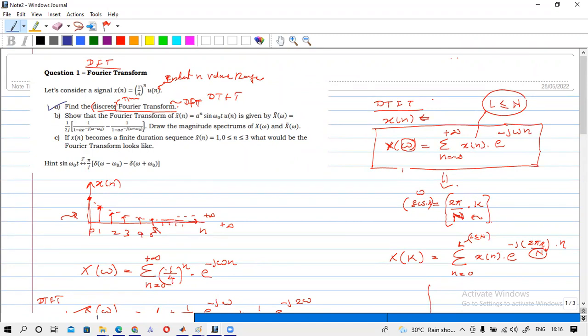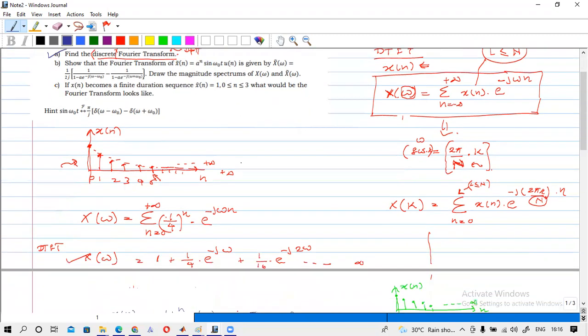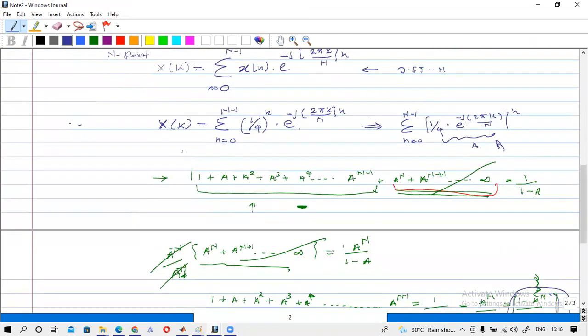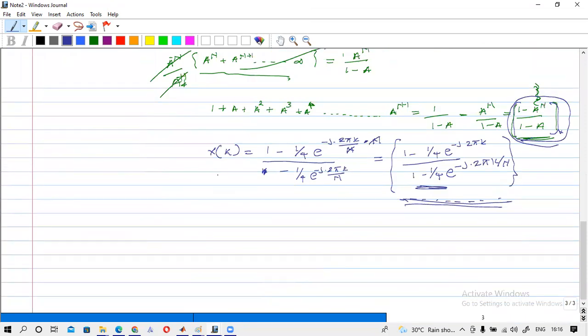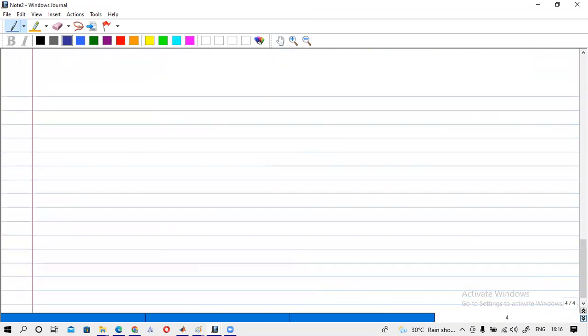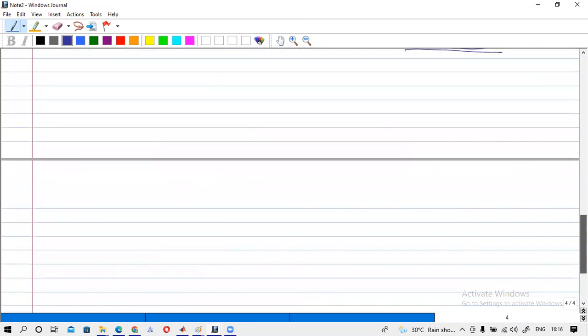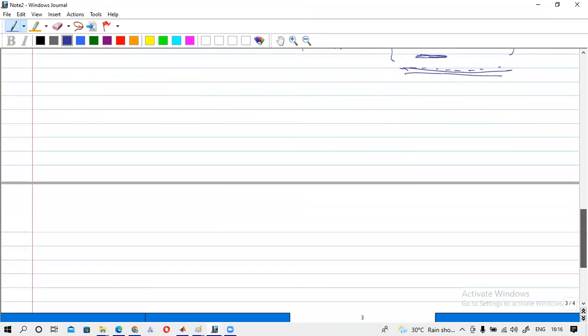If you couldn't understand what to do, please try to draw the signal. If you are doing engineering design work, you can use MATLAB or something, but in the exam you can try to draw the signal. Then sometimes you can get an idea.